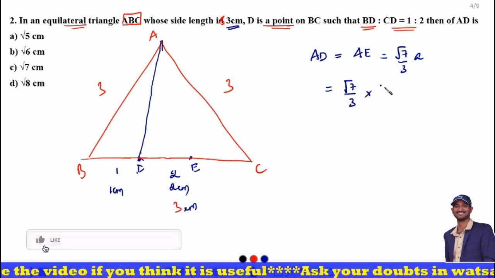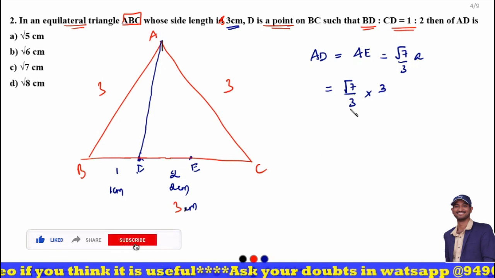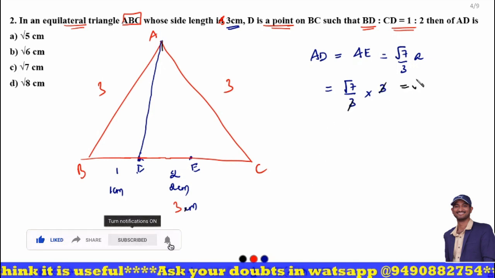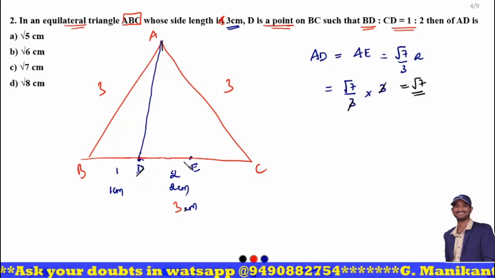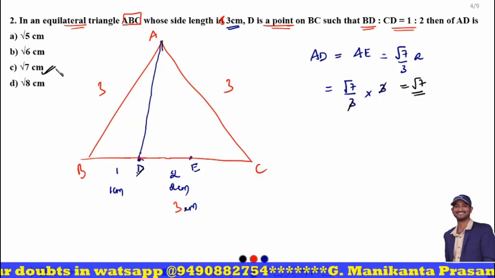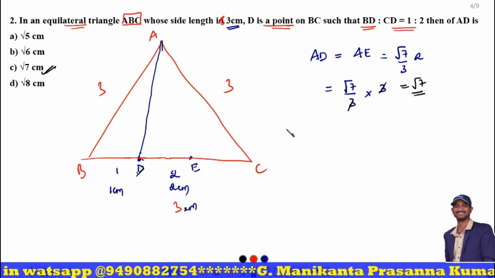So directly we can say √7/3 into the side of the equilateral triangle, that is 3. So 3 cancels. And what is the answer? √7 is the value of AD or AE. So the third option is the correct answer.